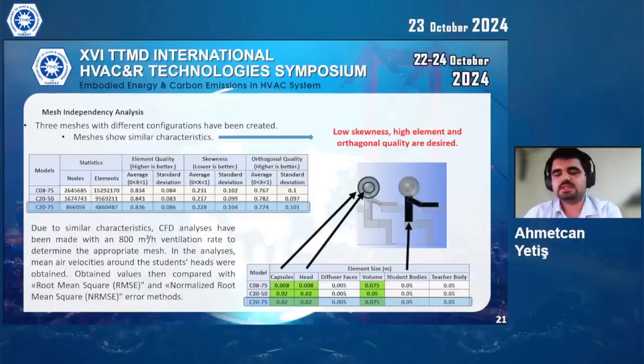To investigate in detail, we decided to conduct some CFD analysis with a ventilation rate of 800 cubic meters per hour with an angling of 10 degrees to determine the mean air velocities around student seats. These obtained values were then compared with root mean square and normalized root mean square error methods.